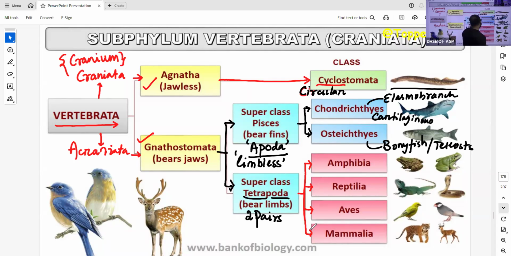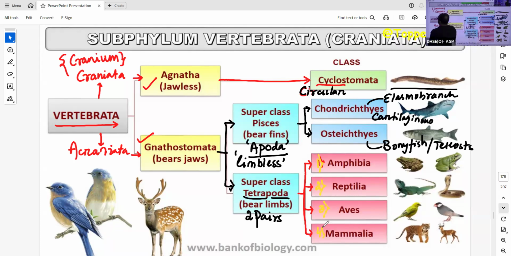Will you remember? After that, the superclass Tetrapoda has four subcategories: one, amphibians; two, reptilia; three, aves; and four, mammalia.